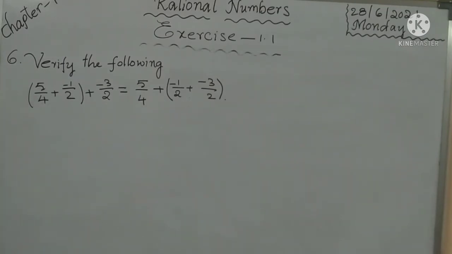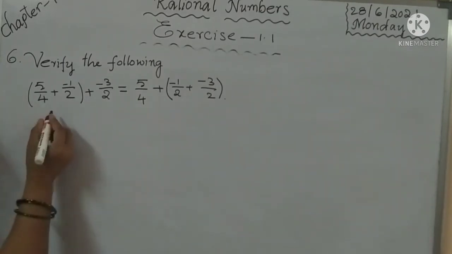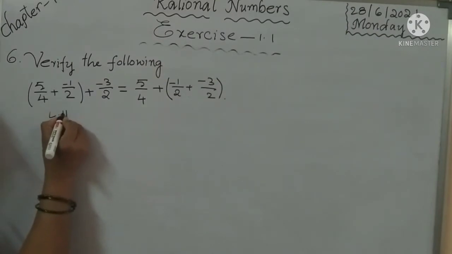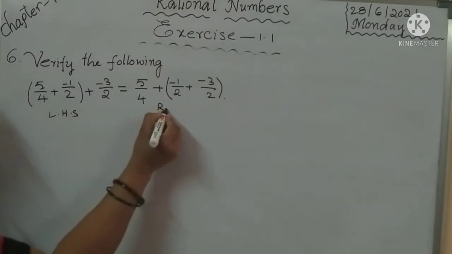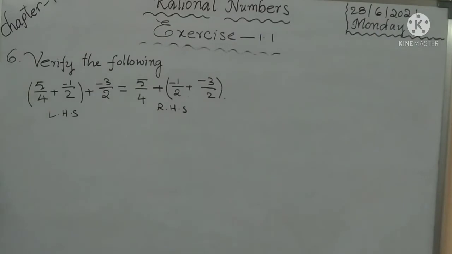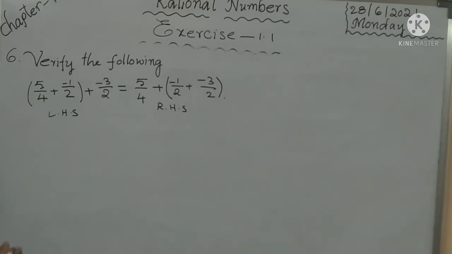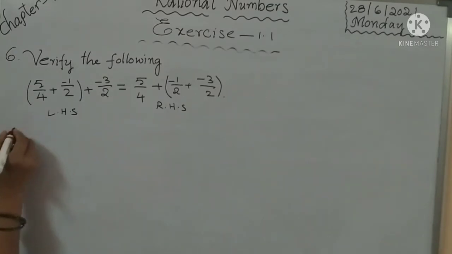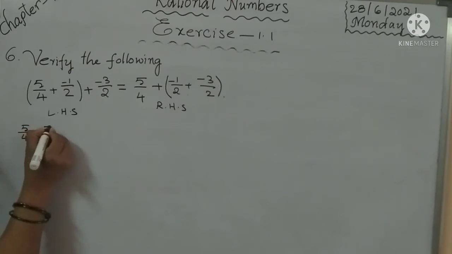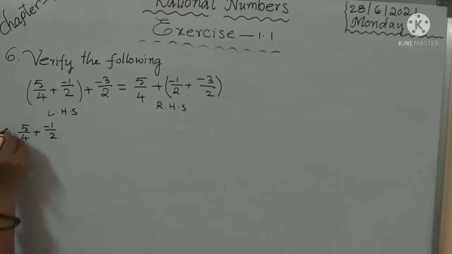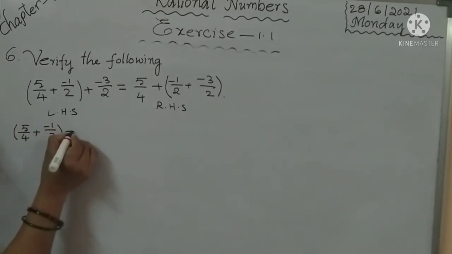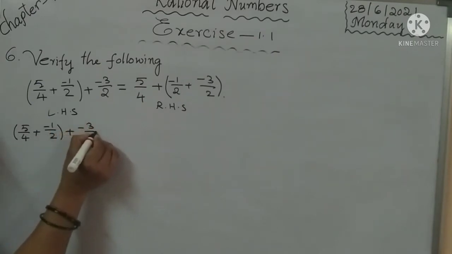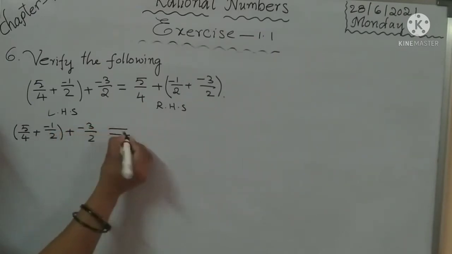So here observe that first it is a LHS and it is a RHS, LHS and RHS. Okay, right. First we will find the LHS. Okay, what is LHS? 5 by 4 plus minus 1 by 2 plus minus 3 by 2 is equal to.